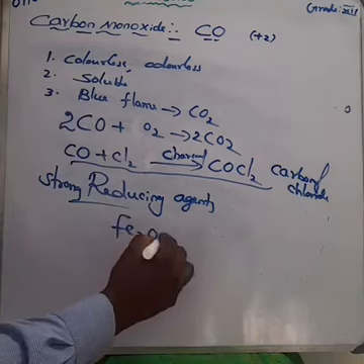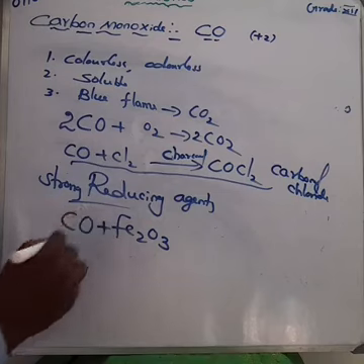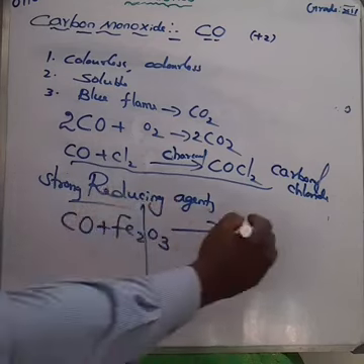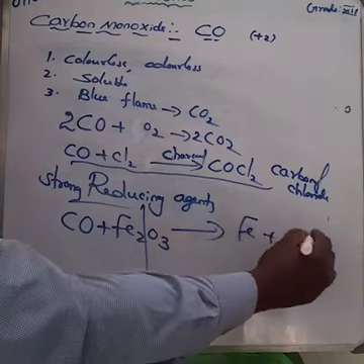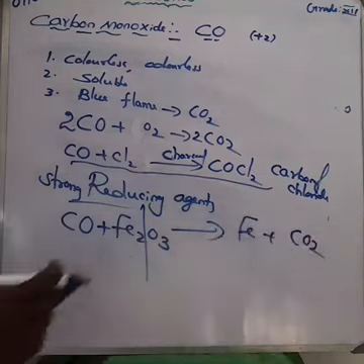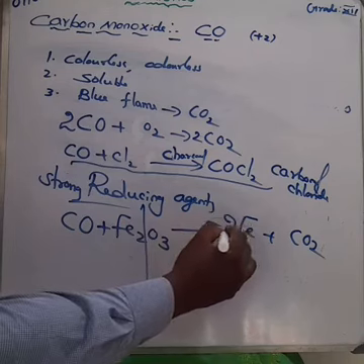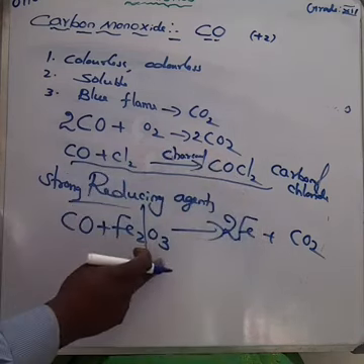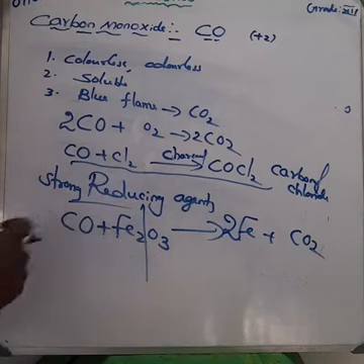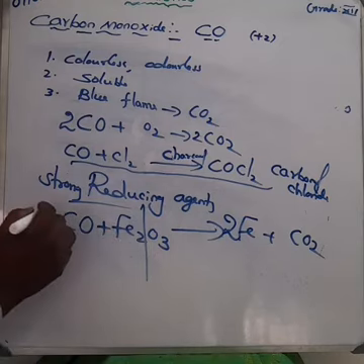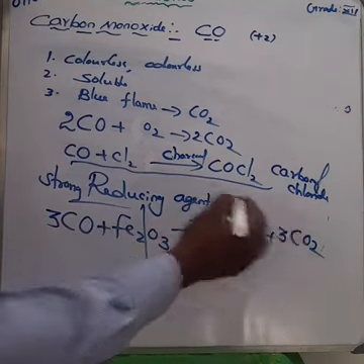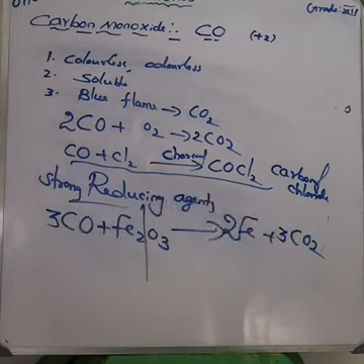CO reacts with Fe2O3, we get iron plus carbon dioxide. How much iron is there? 2 iron, so the product should have 2 Fe. Next, how much oxygen is there? 3 plus 1, 4. So if you make it 3 carbon monoxide on the reactant side, the product should also be converted into 3 carbon dioxide. Now the equation is balanced.